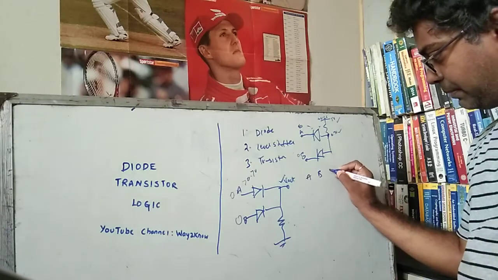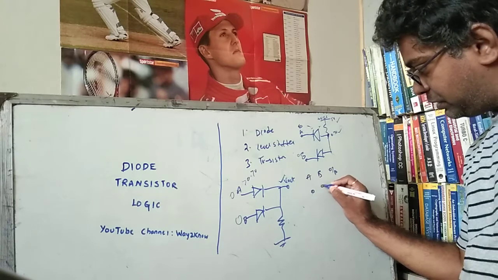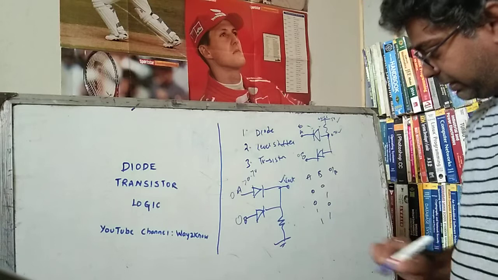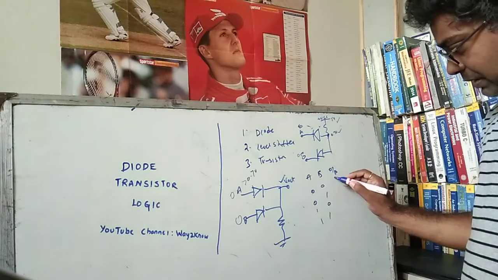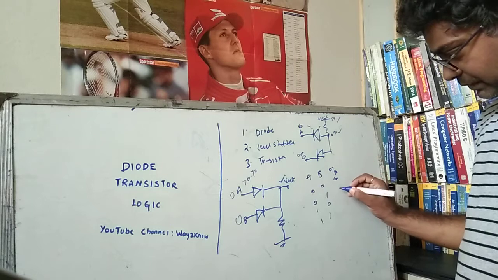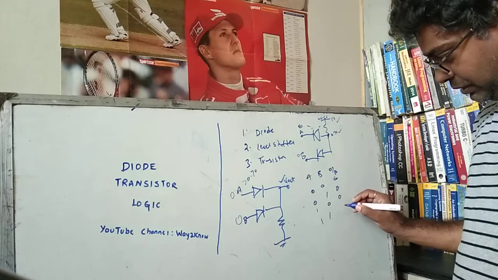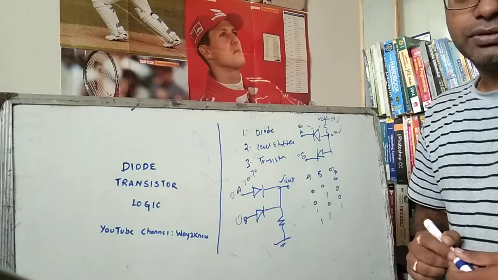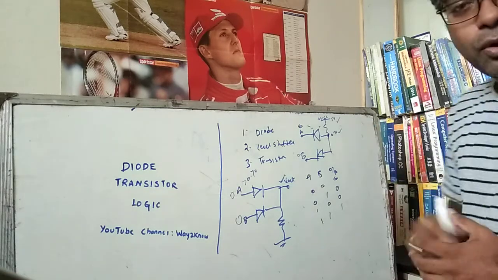If you take the truth table, 0 0, 0 1, 1 0, 1 1, the output will be 0, then 0, then 0, and only when both the inputs are 1 will the output become 1, right? So that is how this works.